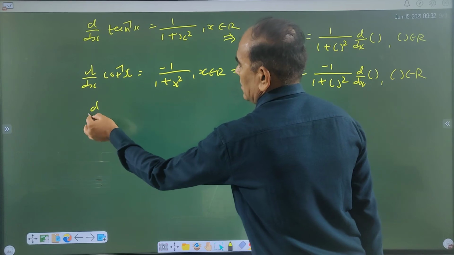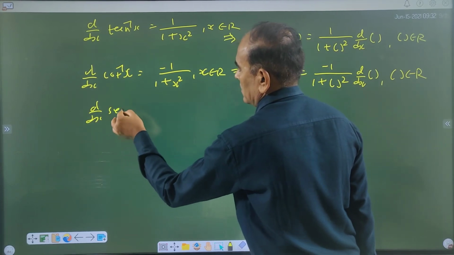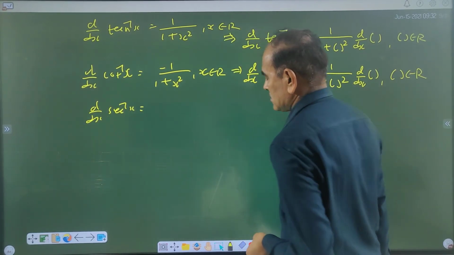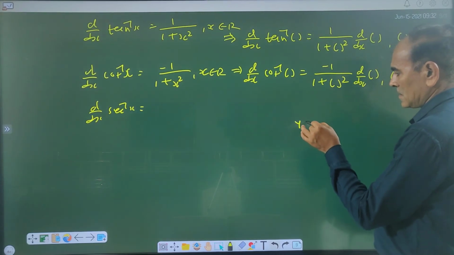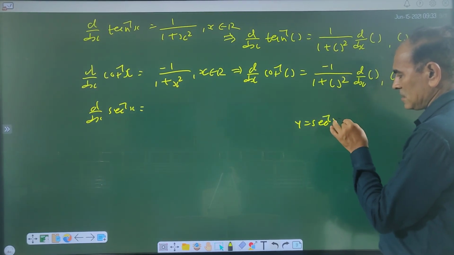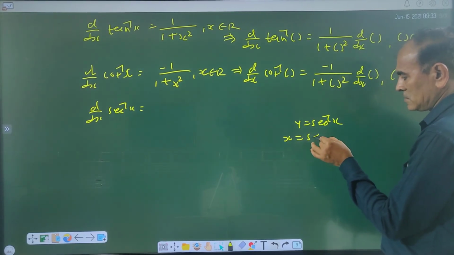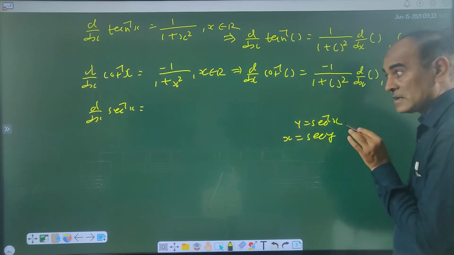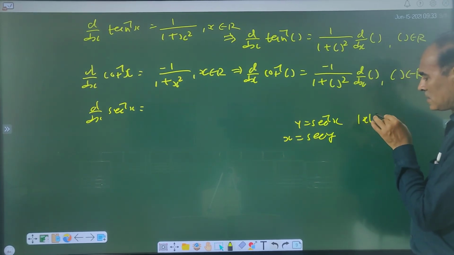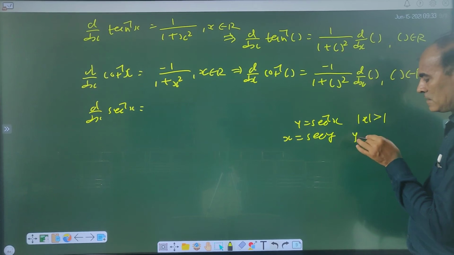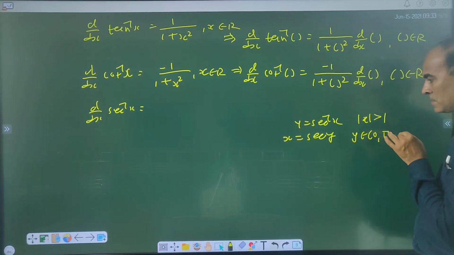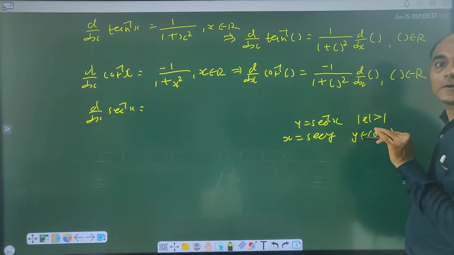d by dx of sec inverse x. See, y is equal to sec inverse x, so x is equal to sec y. Please see here, here we have to take mod x greater than 1, and here we have to take y belongs to 0 to pi, not a closed interval, an open interval.